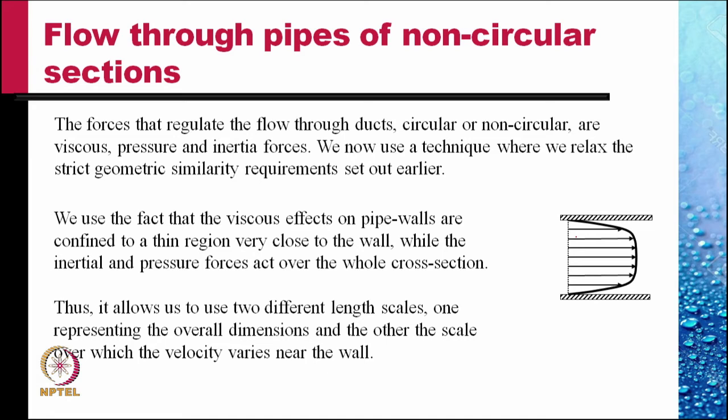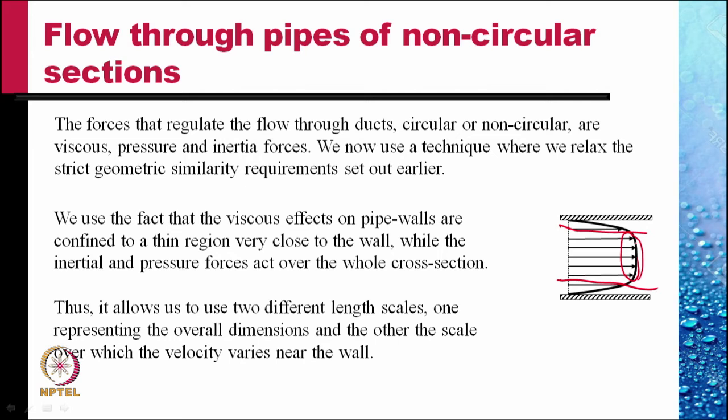We use the fact that viscous effects on pipe walls are confined to a thin region very close to the wall, particularly in turbulent flow, while the inertial and pressure forces act over the whole cross section. That is, we are assuming that over bulk of the cross section, the velocity gradients are quite small, and so the viscous stresses are quite small.